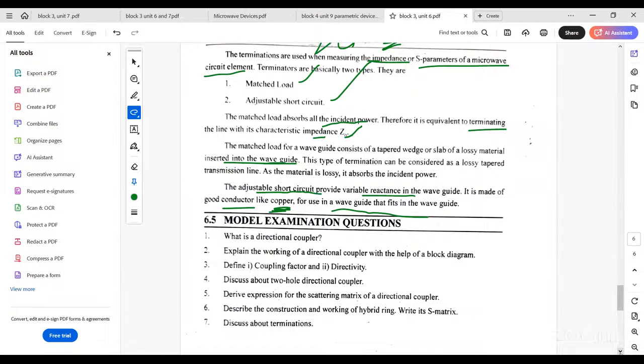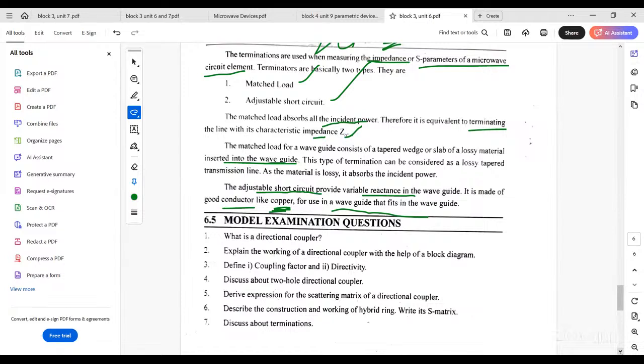Next we will see block 3, chapter 7, from which we can guess one important essay question. Unit 7 has 3 topics. In the exam they will ask whether to explain about Faraday rotation, or explain about gyrator, isolator, or circulator.